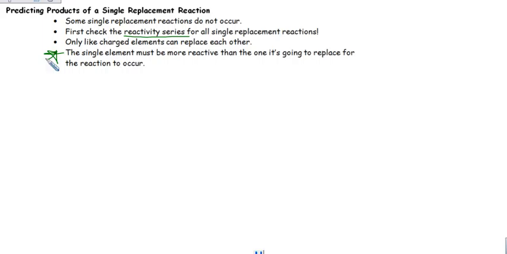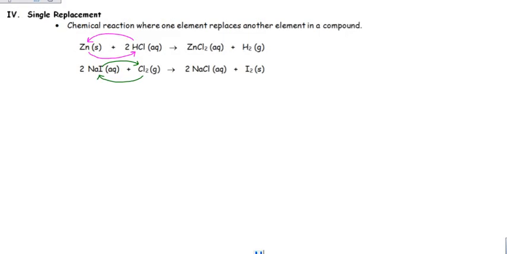So how do you know which elements are going to switch with each other? That's this rule. Only like-charged elements can switch. And by like-charged, we mean a positive element can switch another positive, a negative can switch another negative. So I like these examples.